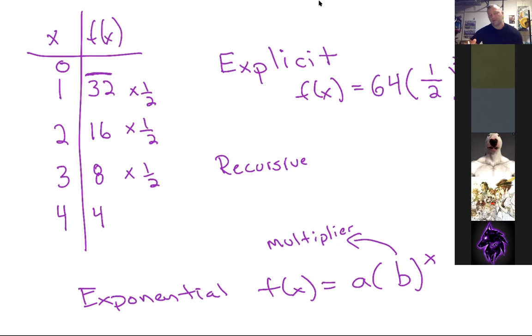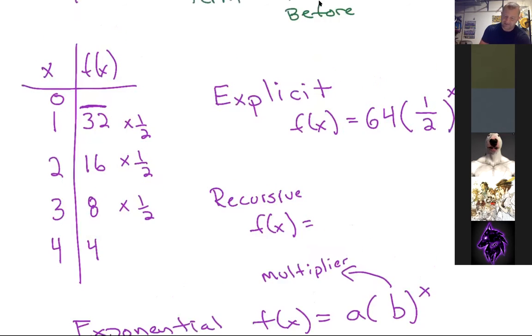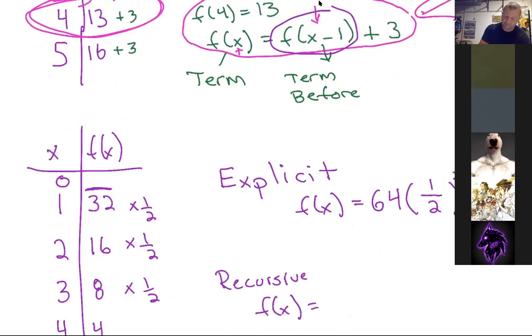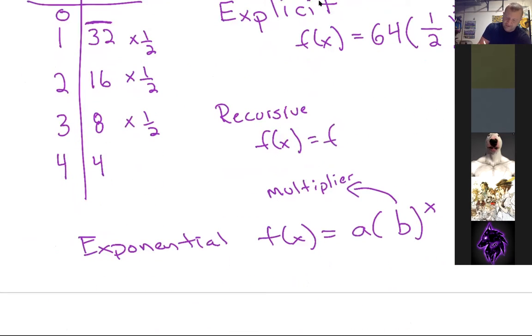Okay, now we gotta do the recursive. So easy, guys. We just go f of x is equal to, and then you just kind of remember how they go. They do get a little more complex later, but for now, it just goes f of x is equal to, let's say I forgot, I'd go back up here. How does it go again? Oh yeah, f of x minus 1.